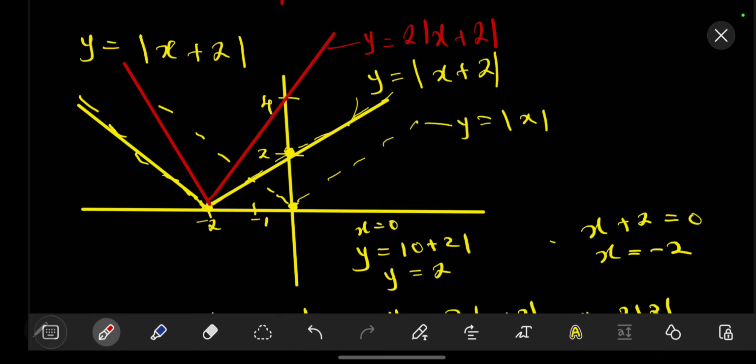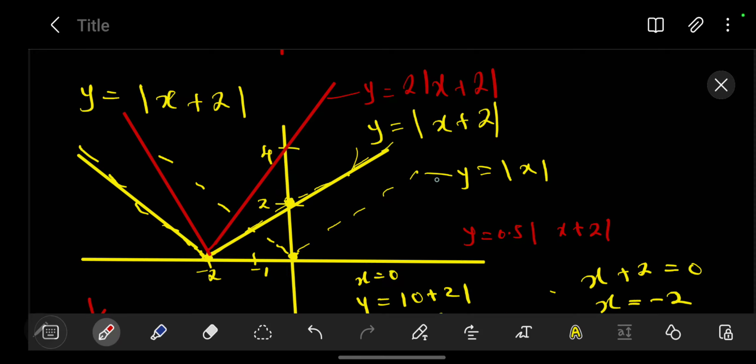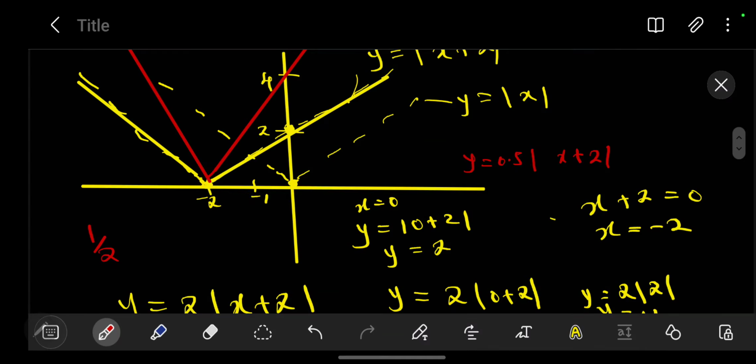Likewise, it means to say if I have a number that is less than 1, such as let's say half, if I was to graph y should be equal to 0.5 by the modulus of x plus a 2, for this one, it will make the graph to be wider. This can be realized from the intercept.